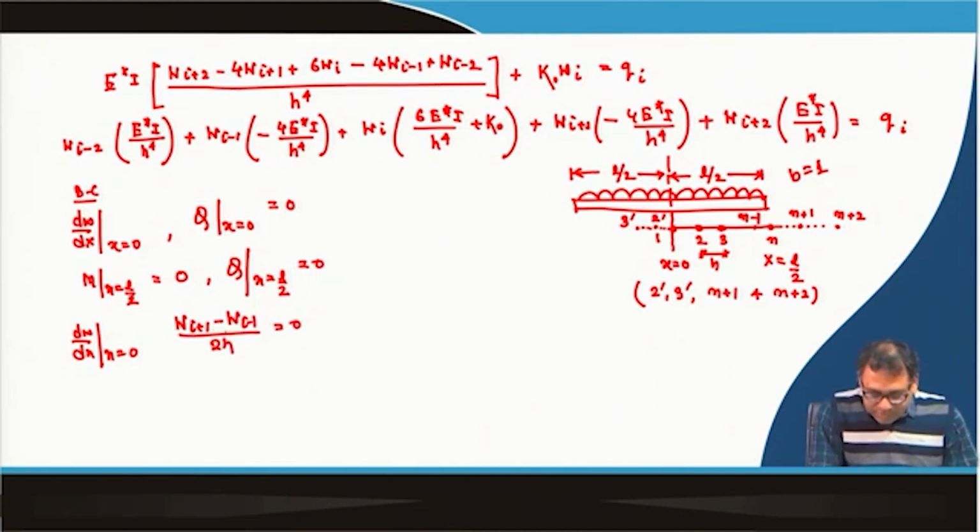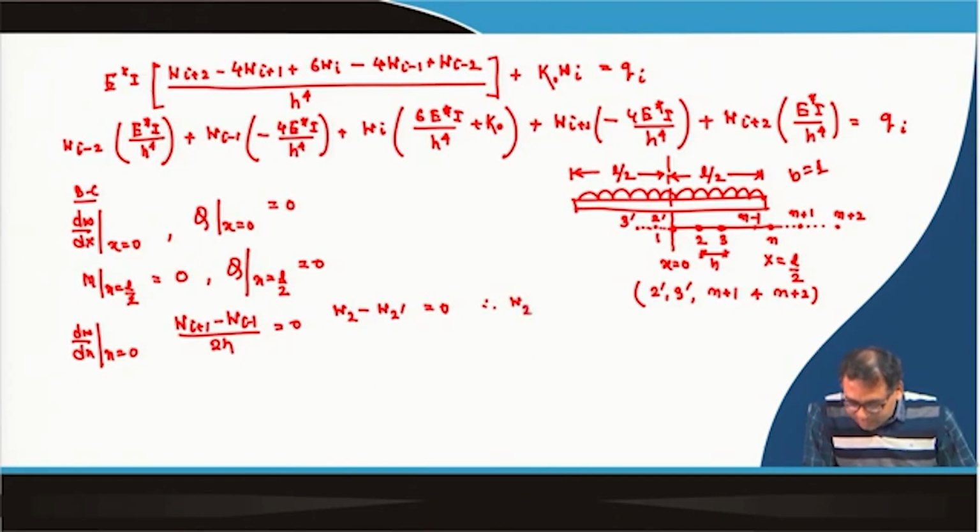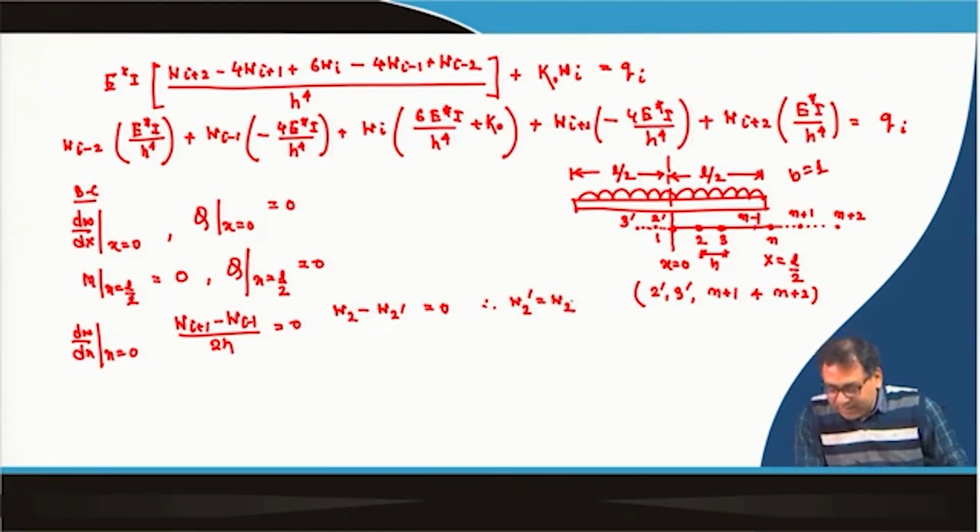Here w(i+1) is your second node, w2, and w(i-1) is the imaginary node w2 dash, that is equal to 0. So, w2 dash will be equal to w2. That means the settlement at node 2 will be equal to the settlement at imaginary node 2 dash. So, that problem is solved.